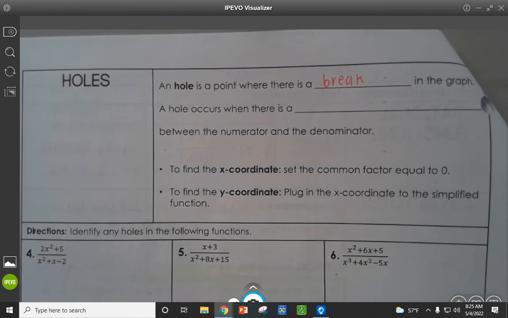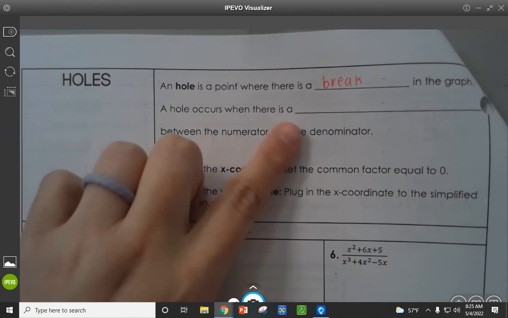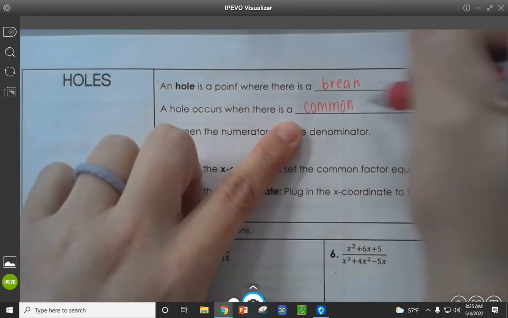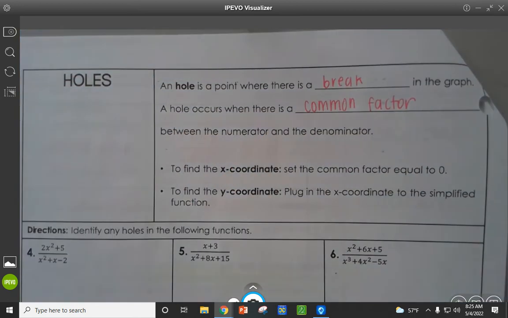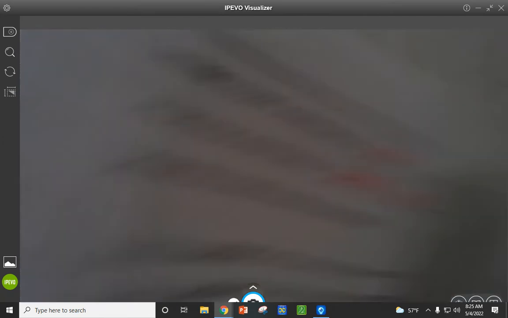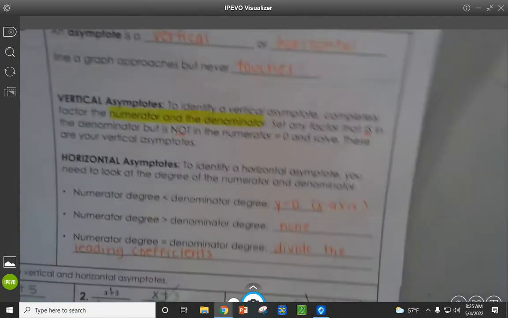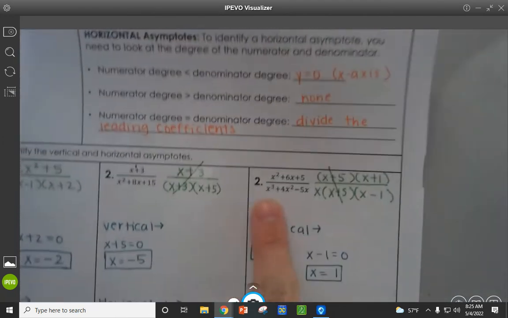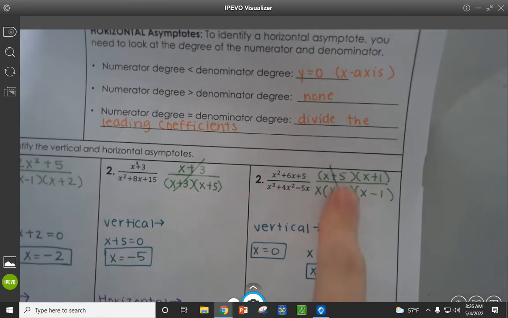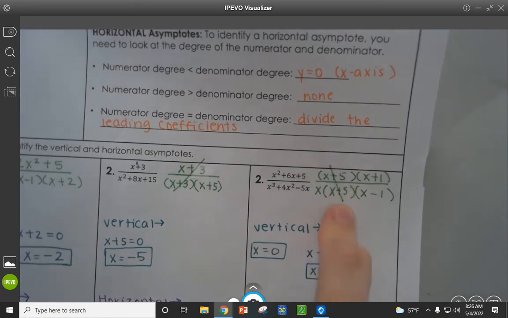A hole occurs where there is a common factor. So for example, if I look back at number 3, the ones that we cancel out, that's where there's a hole.